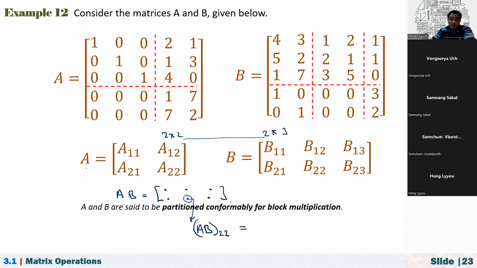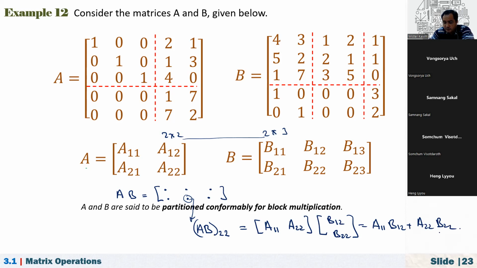To do this, I need to multiply the second row of A, that is, A21 and A22, by the second column of this matrix, that is, B12 and B22. If you multiply this, what is it? Here we have A21 times B12 plus A22 times B22.